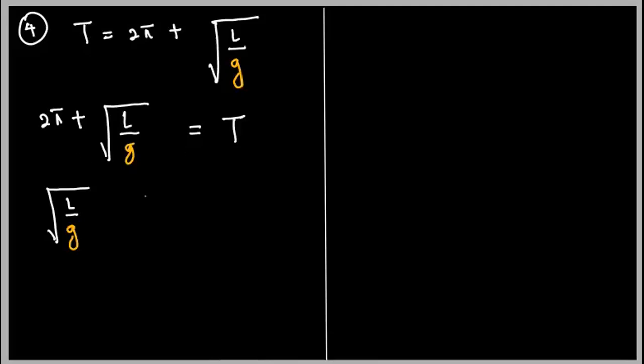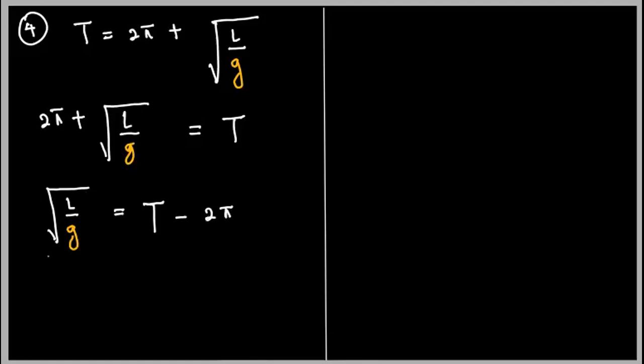Cutting 2 pi over to the other side, I will just have T minus 2 pi left. So what next? What can we do here? How can we get G? G is under a square root sign.